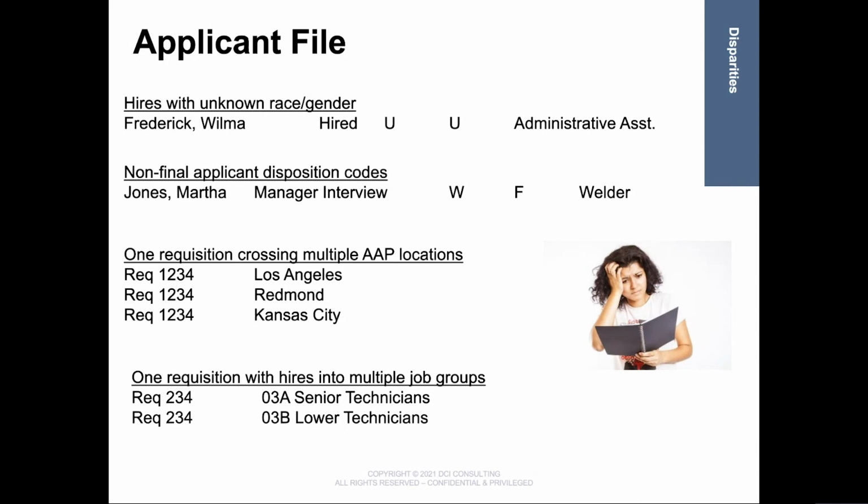For the pool itself, you would have to say, okay, these 50 people were considered for a senior level, these 50 people were considered for a lower level, when in reality you probably posted it at a lower level and you found somebody who was really, really qualified, so you hired them at a senior level. So there are a lot of quirky things here that we need to be cautious of. Make sure you ask your consultant if you're seeing those types of things, and we will certainly ask you when we see them.